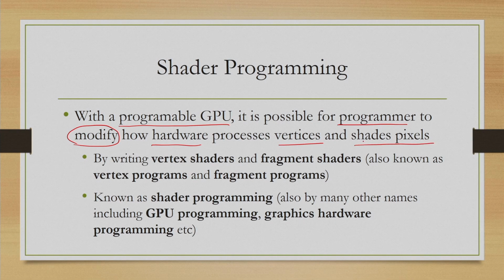Shades means assigns color to the pixels. This is possible by writing vertex shaders and fragment shaders. These are also called vertex programs and fragment programs. These are terms that you probably have come across.